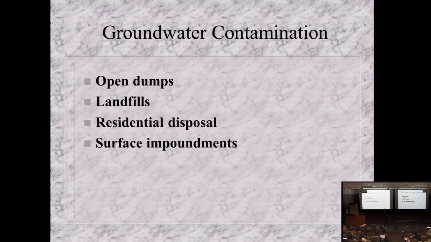And then surface impoundments. It used to be, and we didn't talk about hazardous waste a lot in class in the interest of time, but it used to be that we thought disposing of hazardous liquid waste was okay in just digging a pit. So maybe some of you know about Love Canal.